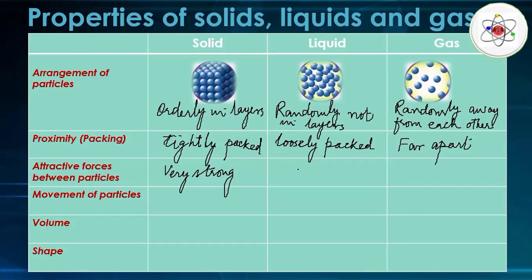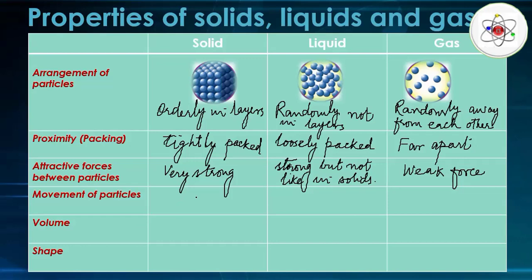In liquids, particles are also closer to each other, so we can also say strong forces, but not like in solids, or weaker than solids. In gases, we can claim that forces are very weak. That's why particles are far apart.